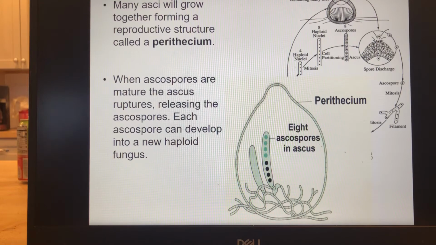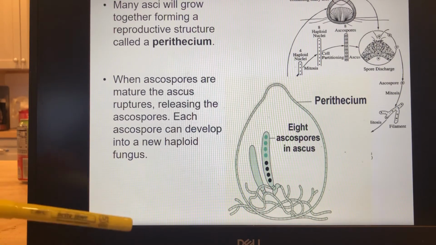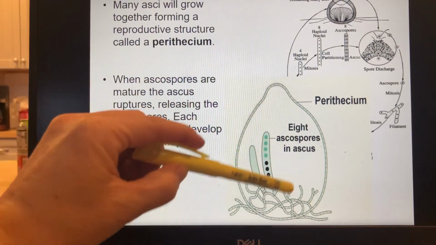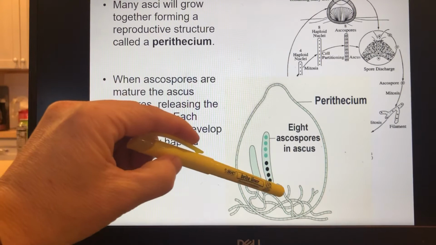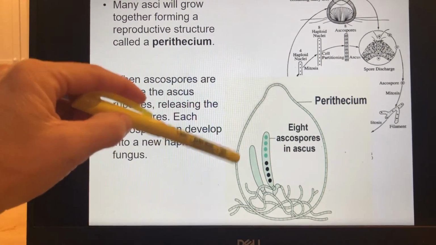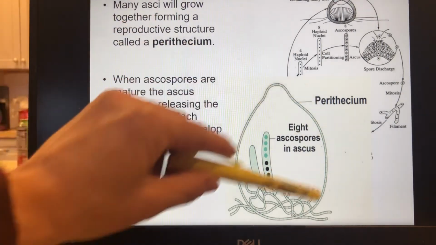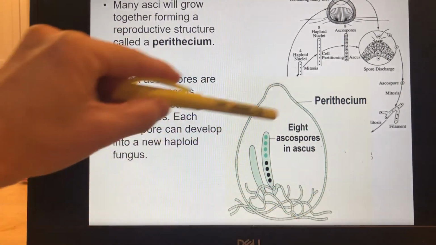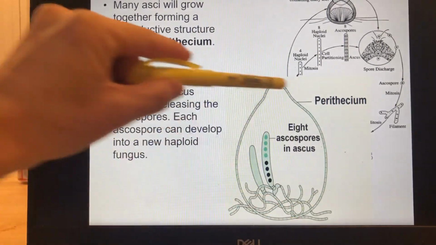Basically, ascospores, when they mature, they mature in these little things called asci. And you have a bunch of asci growing together in this big reproductive structure called the perithecium. The perithecium is this whole thing.